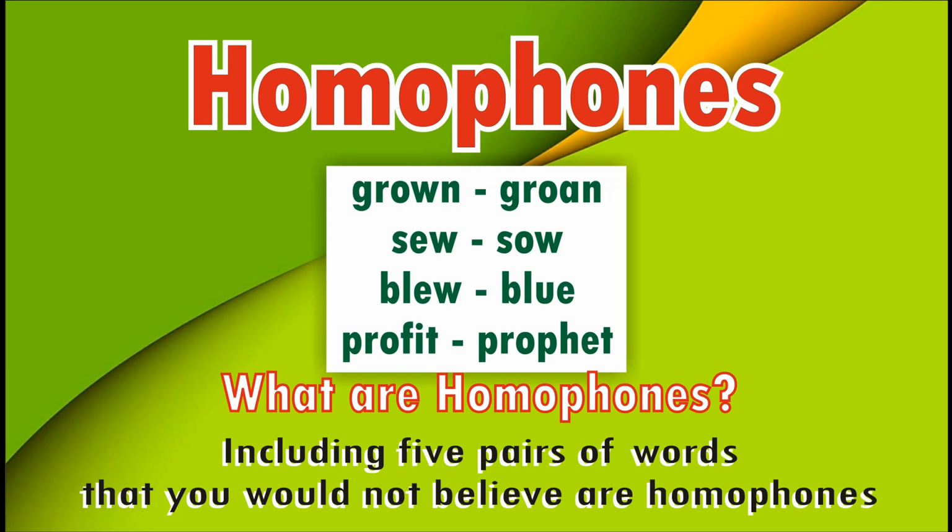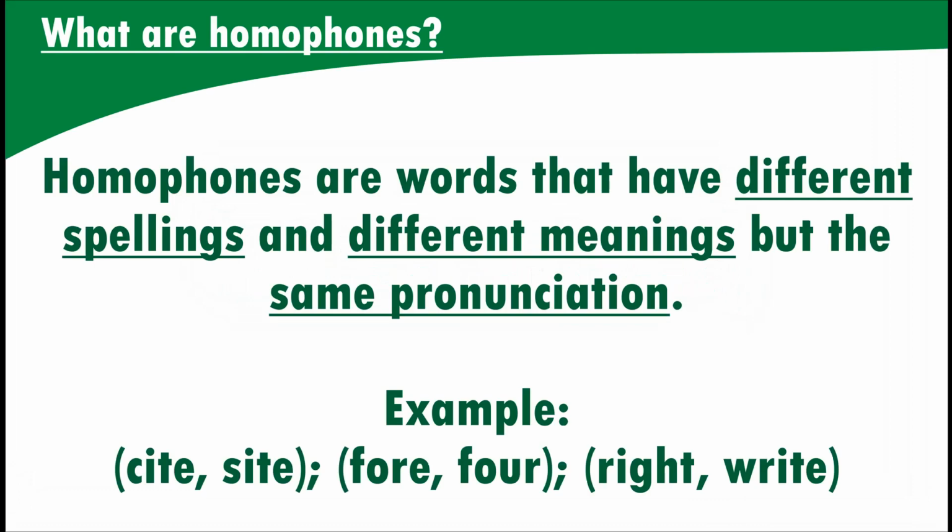So without wasting much of our time, today's topic is going to be homophones. And as usual, we shall start with the definition of homophones. Homophones are words that have different spellings, different meanings, but the same pronunciation. So when we are talking about homophones, we should remember that homophones are usually pairs of words.